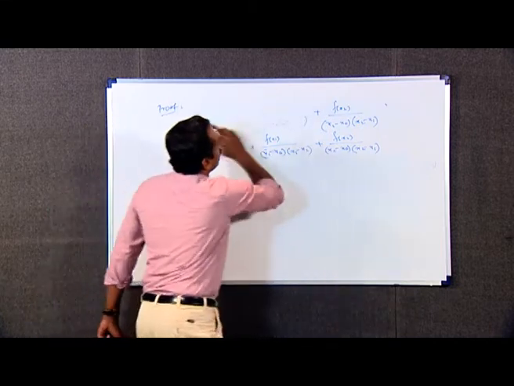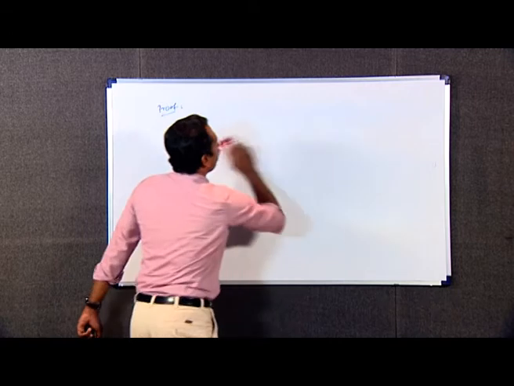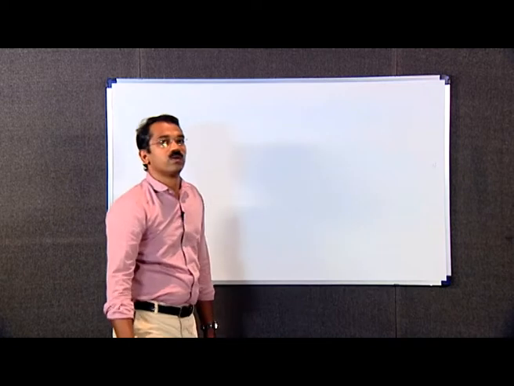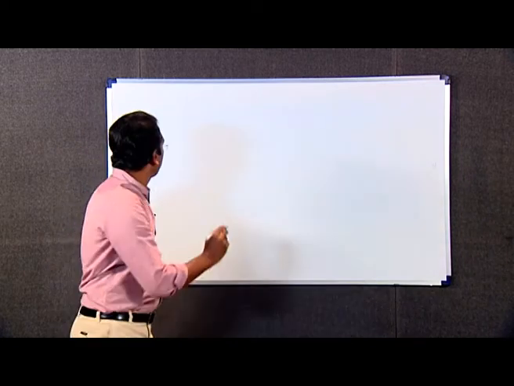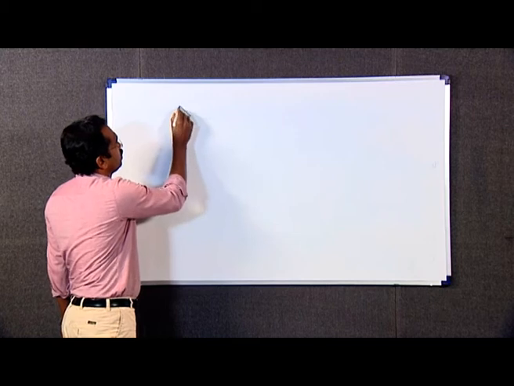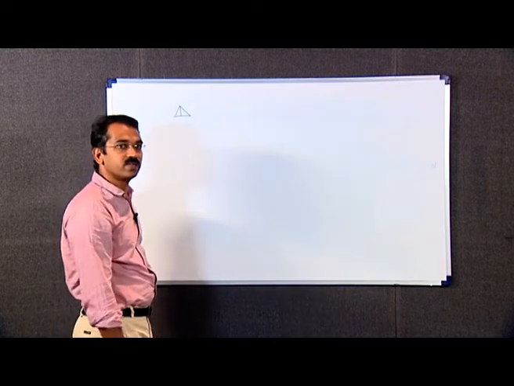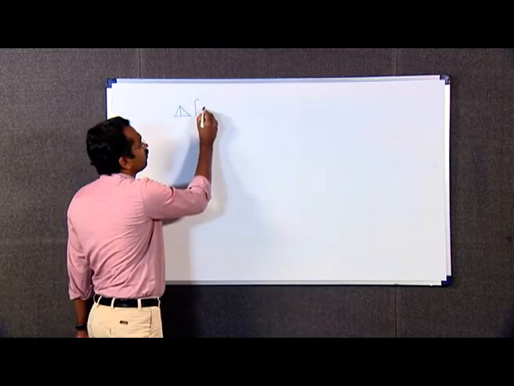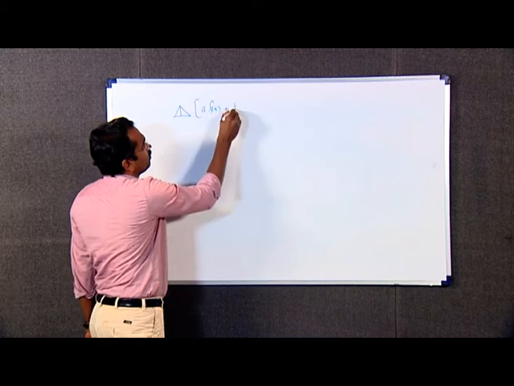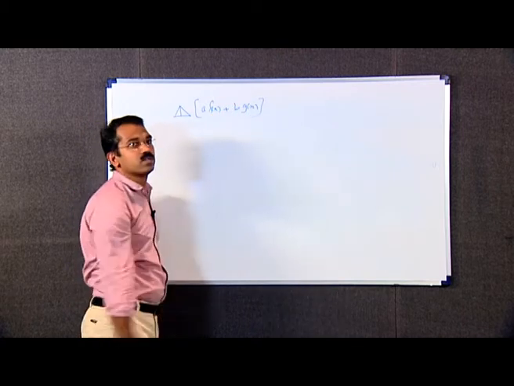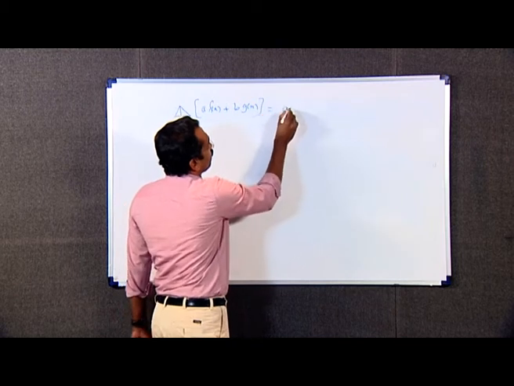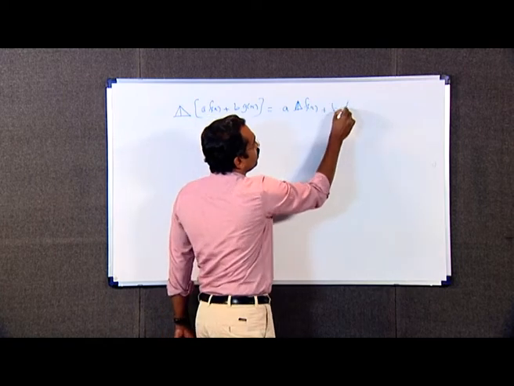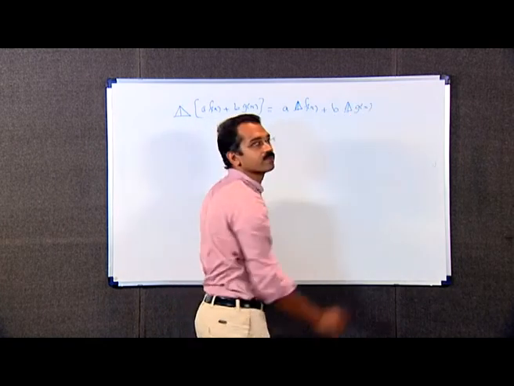Next property is the linearity property of divided differences. That is, the divided difference operator divided delta is linear. That is, divided delta of a into f of x plus b into g of x is equal to a into divided delta f of x plus b into divided delta g of x.